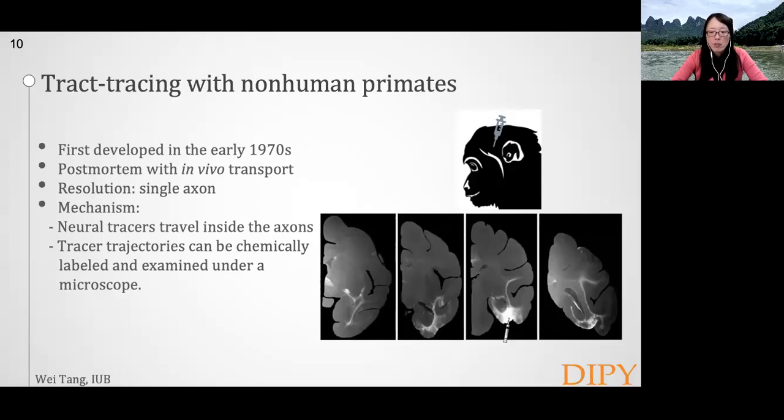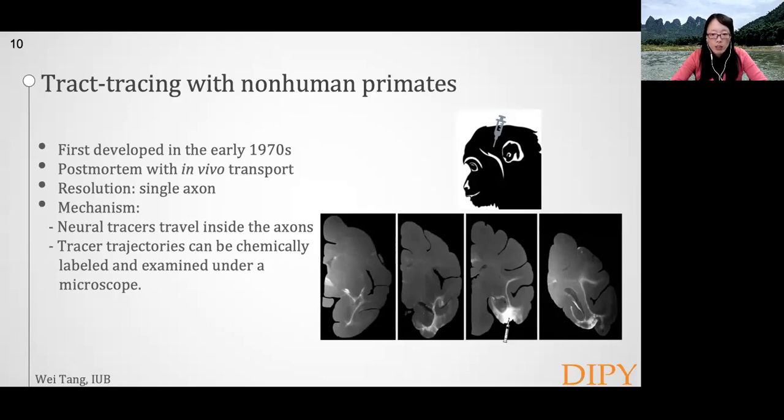Tract tracing also combines in vivo and post-mortem processing. But instead of introducing degeneration, it relies on the uptake of injected molecules by the neurons in the regions of interest. As shown in this figure, a neurotracer was injected into the inferior temporal lobe.